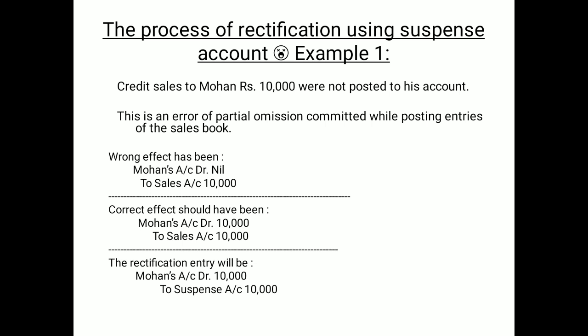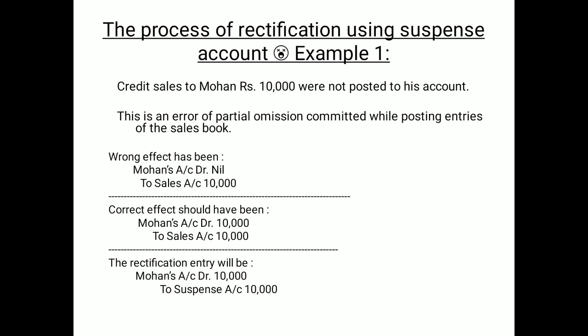These one-sided errors always remain an error at the time of posting, not the time of recording. When posting is there, it is called ledger posting. So when ledger posting is prepared, two accounts are needed: the Mohan account debited and sales credited with the 10,000.